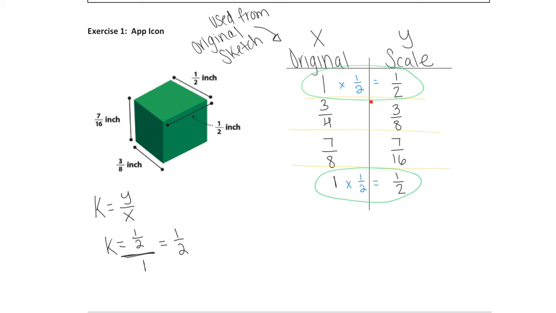Because these two are correct, let's go ahead and check for these two. I'm going to multiply both sides by 1/2 and 1/2. Now, if I look at these fractions, I can see 3 times 1 gives me 3, and 4 times 2 gives me 8.